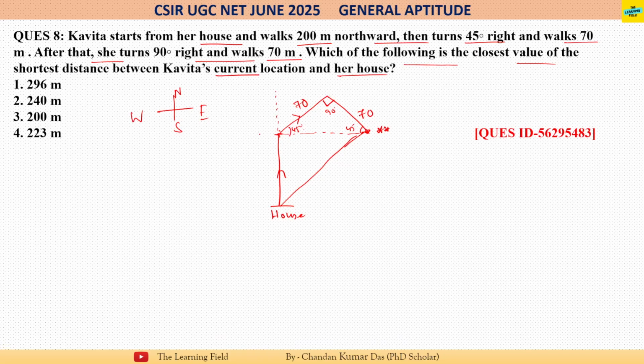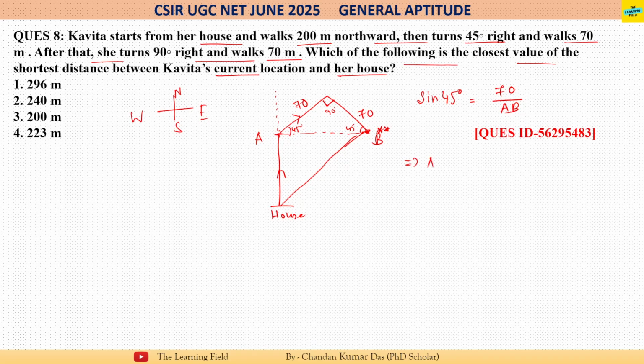Fine. So now we first find this AB. Since this is 70, 70, we can definitely get this distance by using general trigonometry. So sine 45 degrees is equal to 70 by AB. Fine.